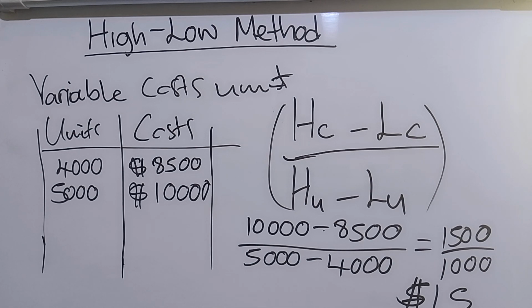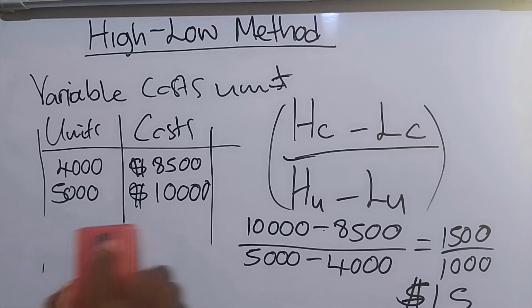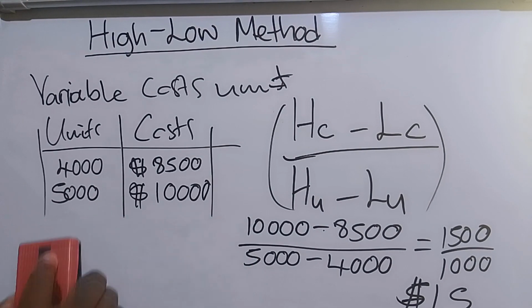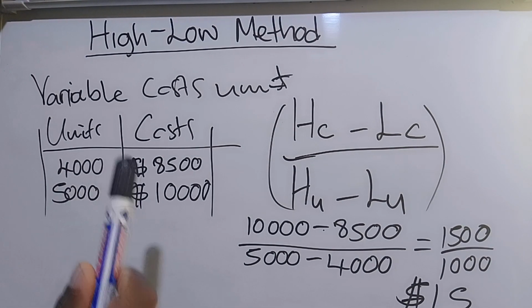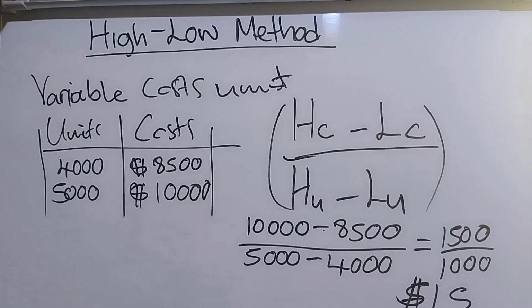Then what do we do with this? Now we have the variable cost per unit. We need to calculate the amount of fixed costs. We are given that our firm produces 4,000 units using 8,500.